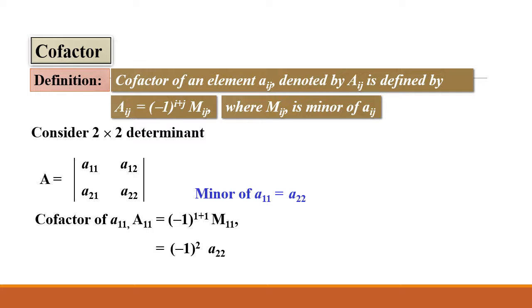So the minor of A11 is A22. So we get minus 1 raised to 2 into A22. Minus 1 is raised to an even power, so it will be positive. So A22 is the cofactor of the first element.